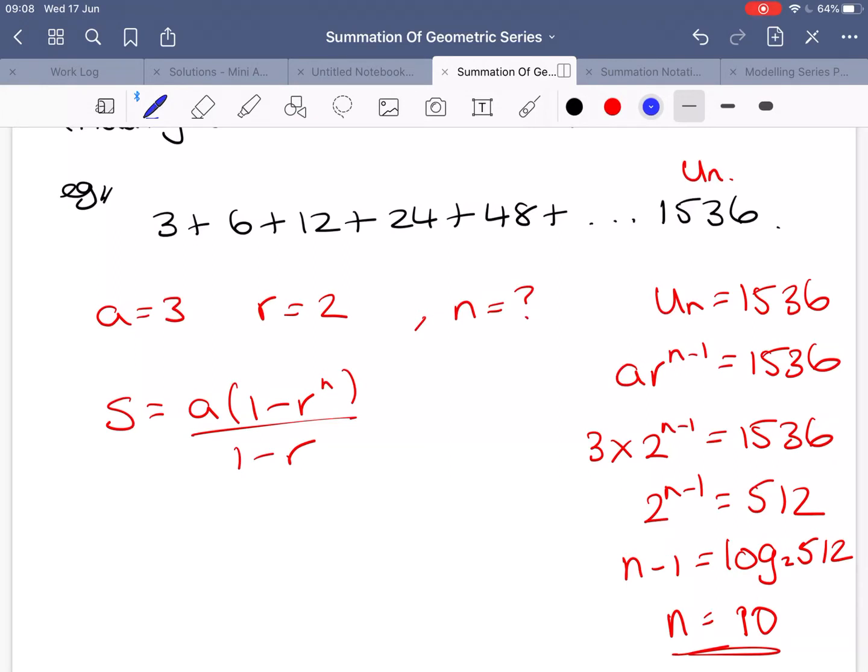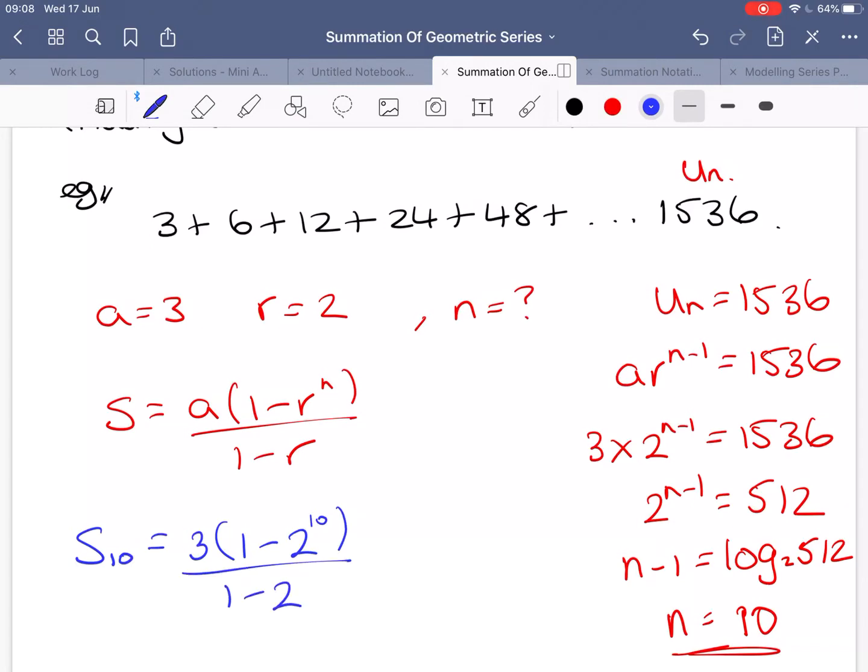What we tend to do when we write s, because the sum of a series depends on how many terms there are, is put how many terms as a subscript. So we say the sum of this series for the first 10 terms, s subscript 10, is 3 times 1 minus 2 to the power of 10 over 1 minus 2.